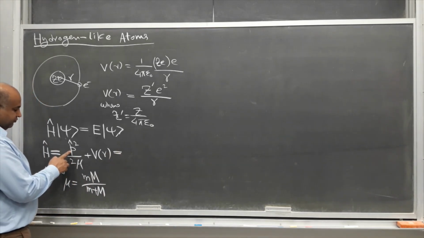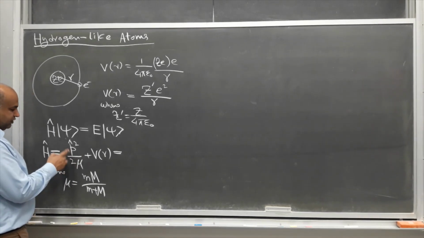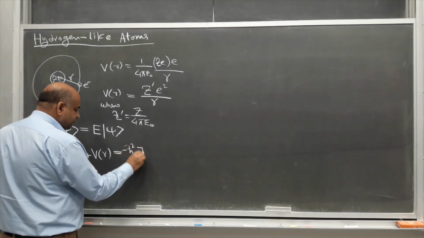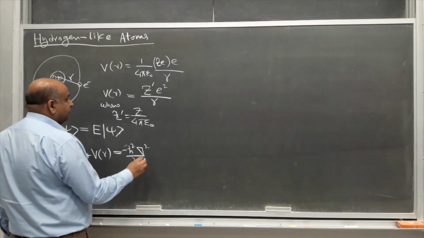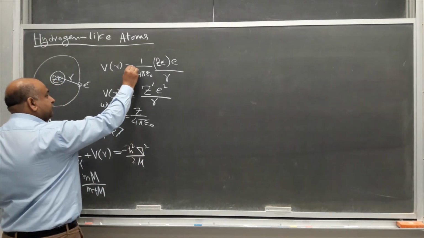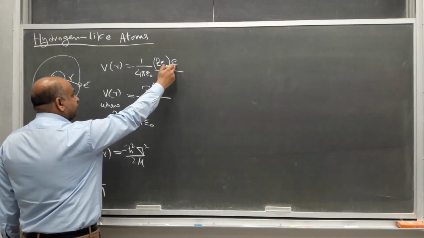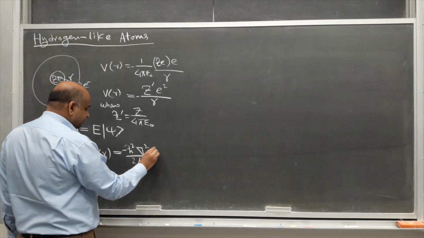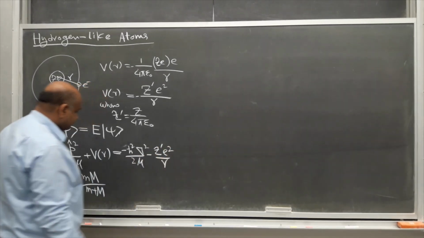Okay, so this is our Hamiltonian, which I can write using the operator form of P, which is minus i h-bar del. So this becomes minus h-bar square del square over 2 mu, and this potential is negative because the charge of the electron is negative e. So V of r is minus Z prime e square over r.